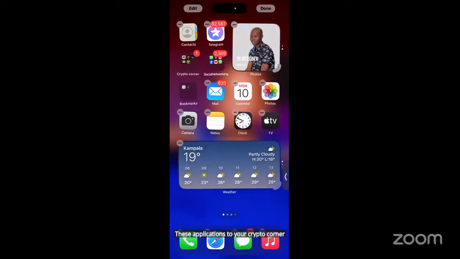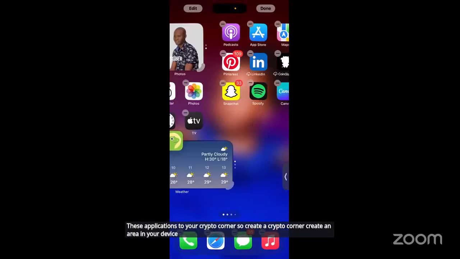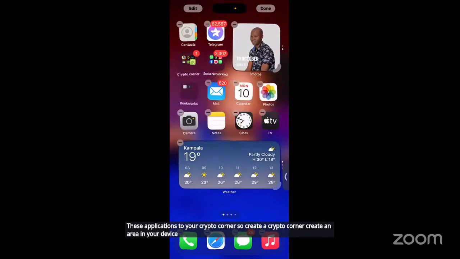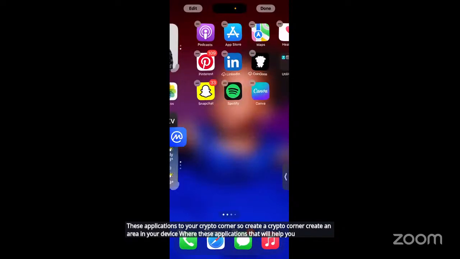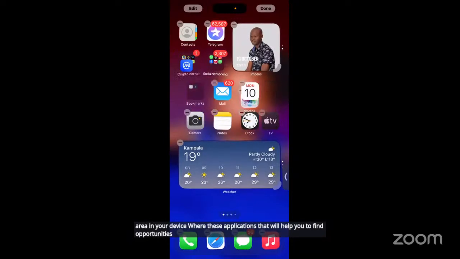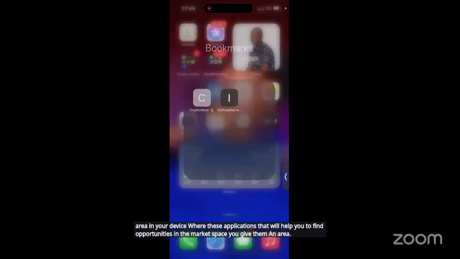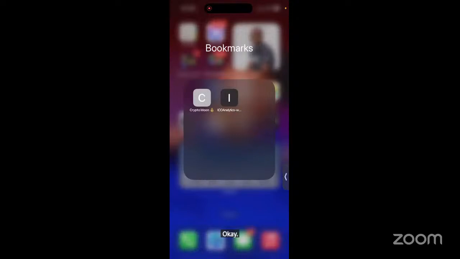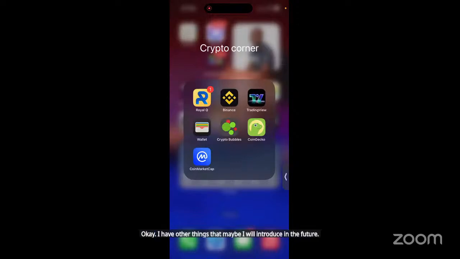So create a crypto corner, create an area in your device where these applications that will help you to find opportunities in the market space, you give them an area. I have other things that maybe I will introduce in the future, but at least for the start this is my crypto corner.